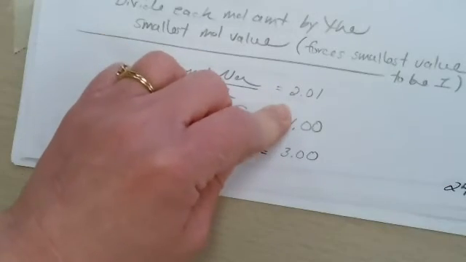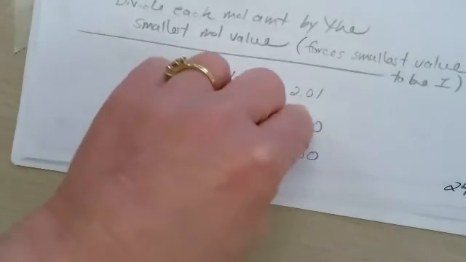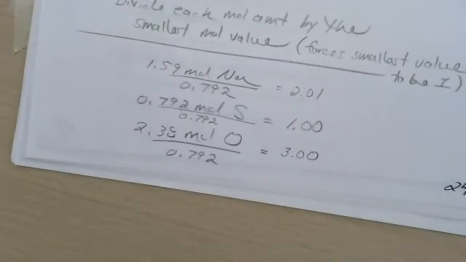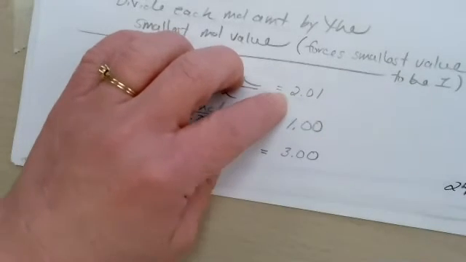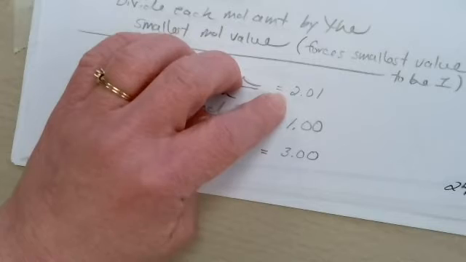So they may vary, maybe within 500ths. That's it. So if you have 2.05 all the way to 1.95, we can round that to 2.